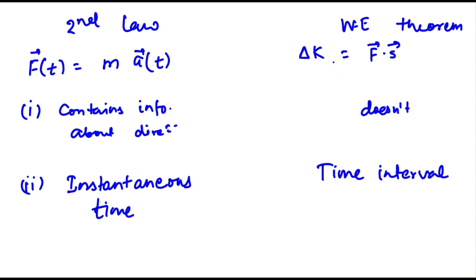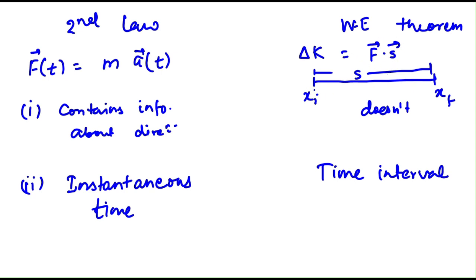Here time interval is involved because we say that from initial position to this final position, this body has moved and there is change in kinetic energy. Look, there is displacement, and force is acting over this displacement on the body, and then we have work done here.